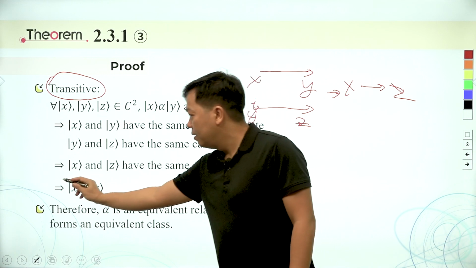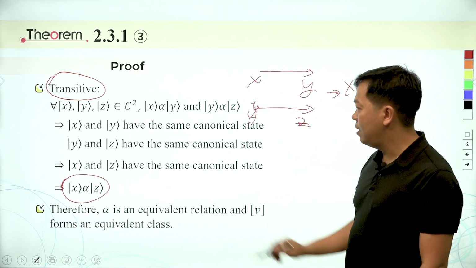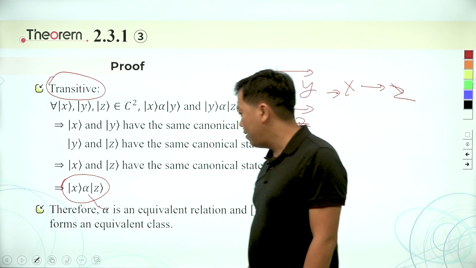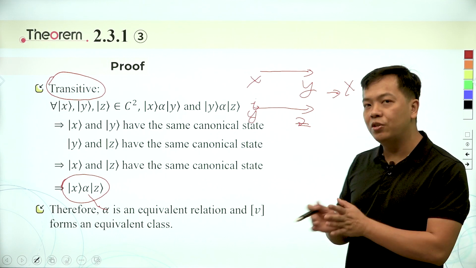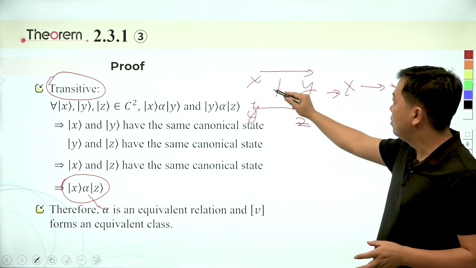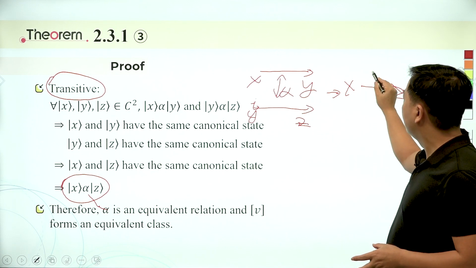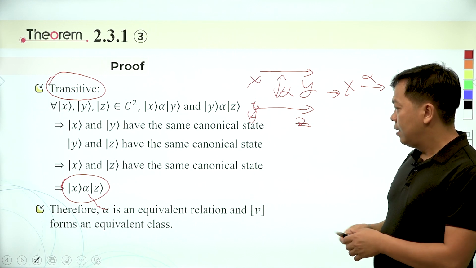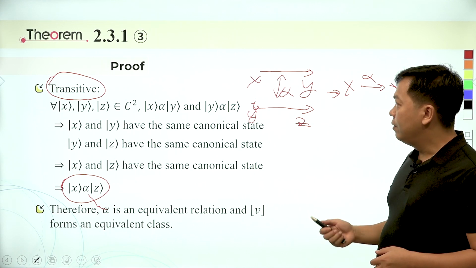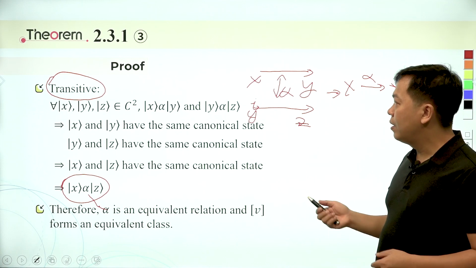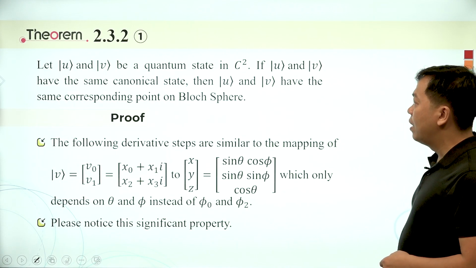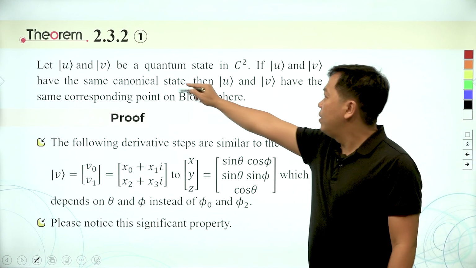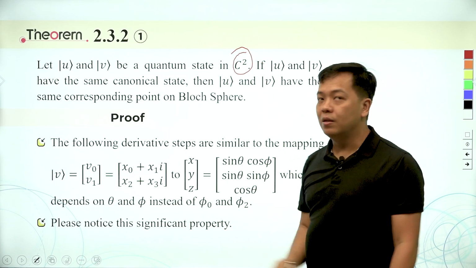This is the definition. Over here we have alpha, which is an equivalence relation, to make sure we can connect these two vectors. Besides transitivity, we have a quantum transfer between the quantum state in the complex vector.